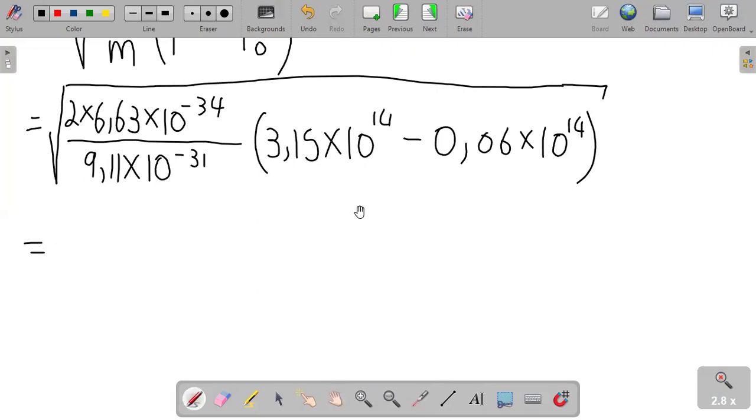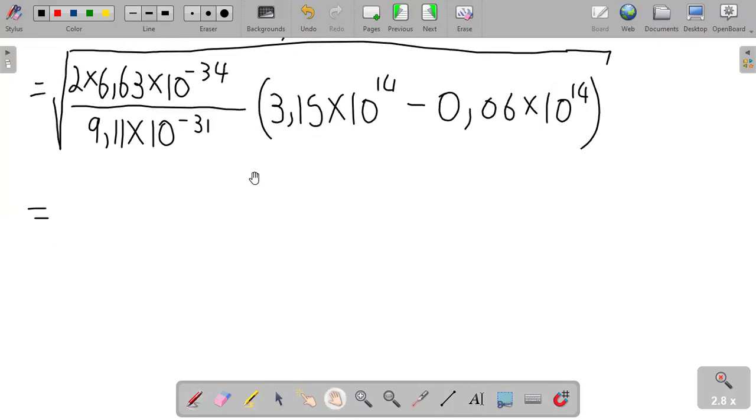So you use a calculator here. Don't forget to include the square root here up to the last number. Okay, so it's not just the coefficient here which is under the square root. The square root has to go all the way until the end.